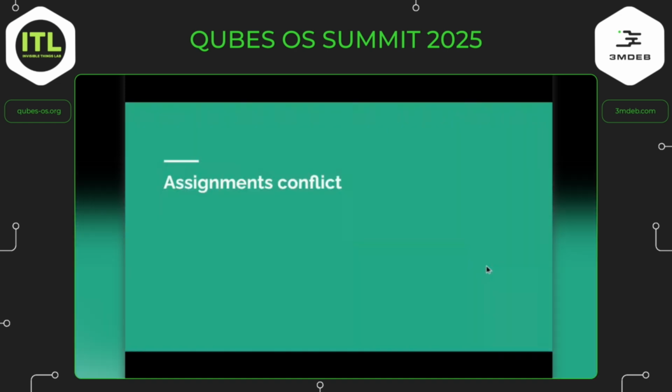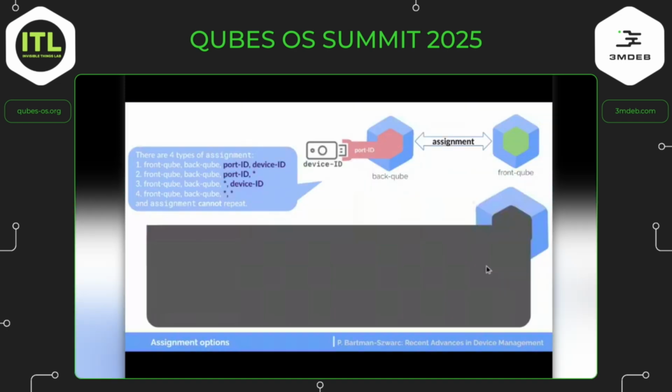Okay, and the second topic I also want to talk about today is assignment conflicts. In short, there are four types of assignments. The first contains both the port ID and device ID, so it's a full assignment for only one device.